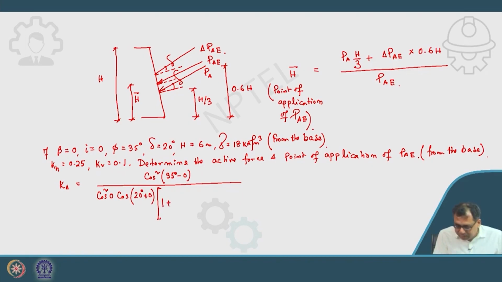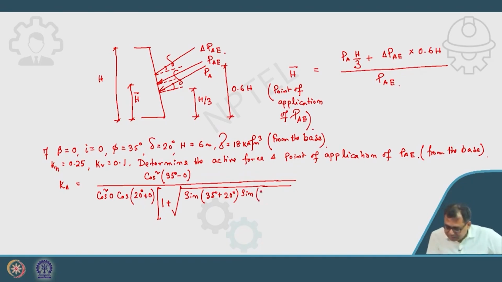Then 1 plus root over sine of phi plus delta, phi is 35 degree and delta is 20 degree, and sine of phi minus i, phi is 35 degree, i is equal to 0, divided by cos of delta plus beta, delta is 20 degree, beta is 0 degree, into cos of i minus beta.